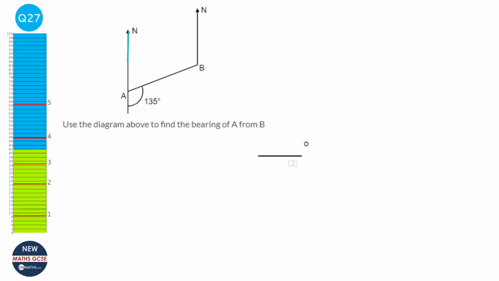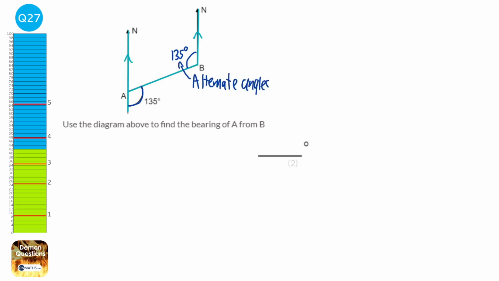Whenever you have north lines, they will always be parallel. So what we have here is we have a straight line going through 2 parallel lines, which are our 2 north lines. And therefore this angle here is going to equal this angle here. And the reason for that is that the 2 angles are alternate, they're Z angles. So we can say that that is 135, and I always like to try and show the examiner the reasons.